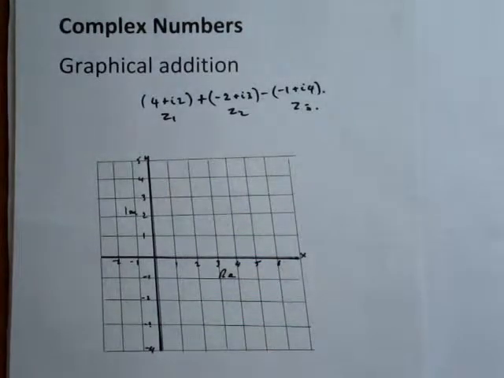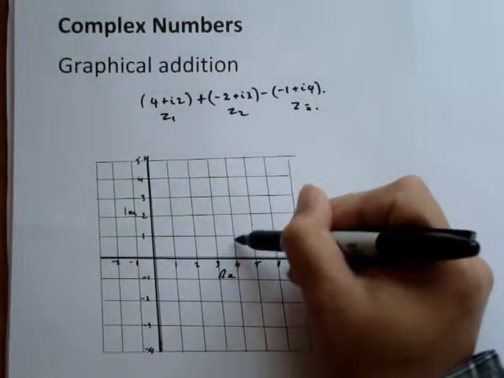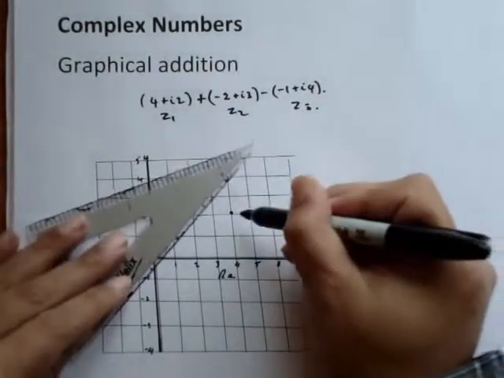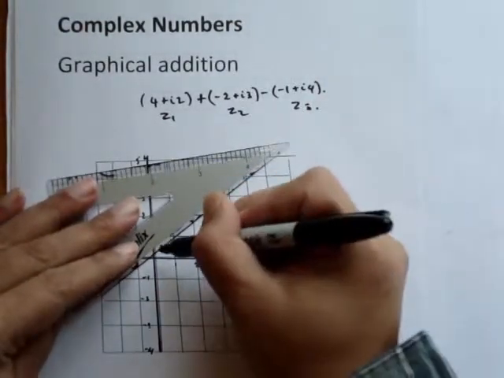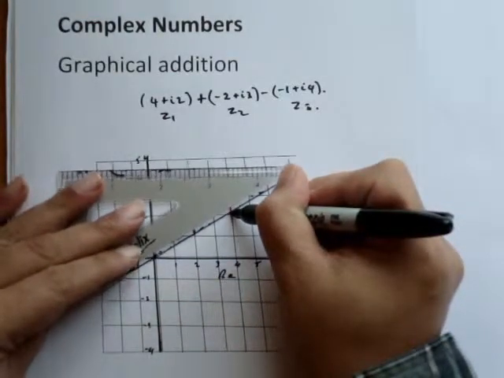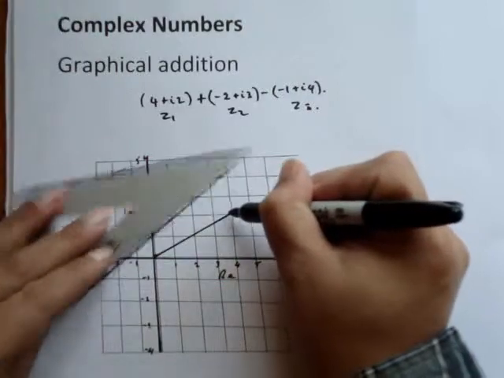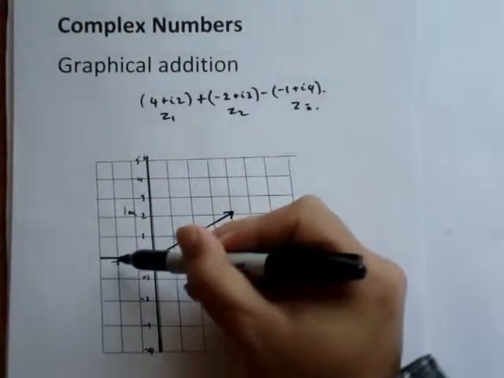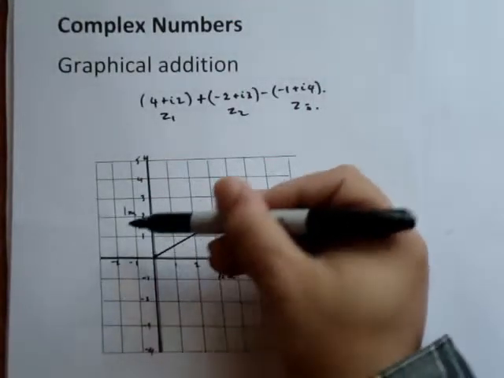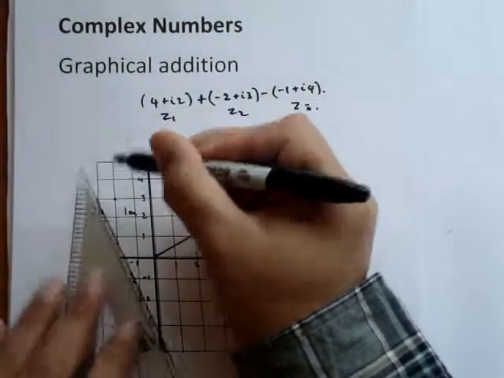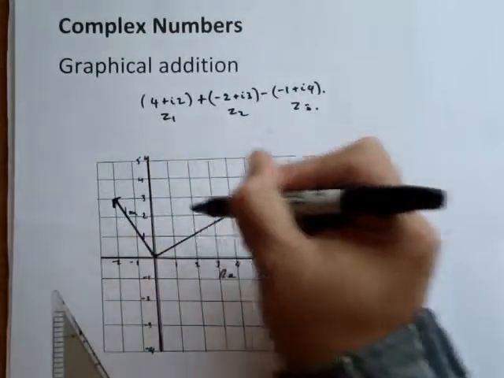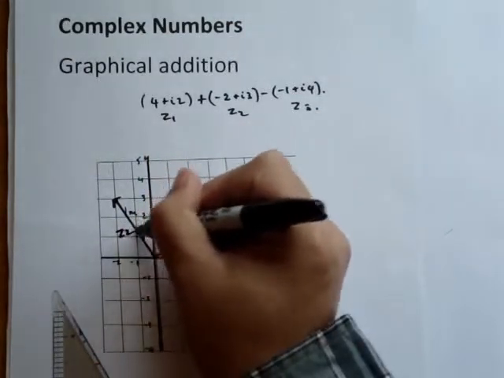So let's first of all draw our Z1, which is 4 along the real axis and 2 along the imaginary axis. So this is our Z1, let's just go to the origin. Okay, Z2 would be minus 2 along the real axis and 3 along the imaginary axis. So this is our Z1, this is our Z2.